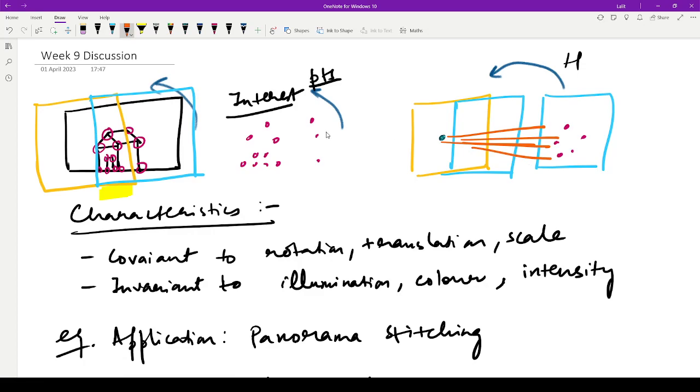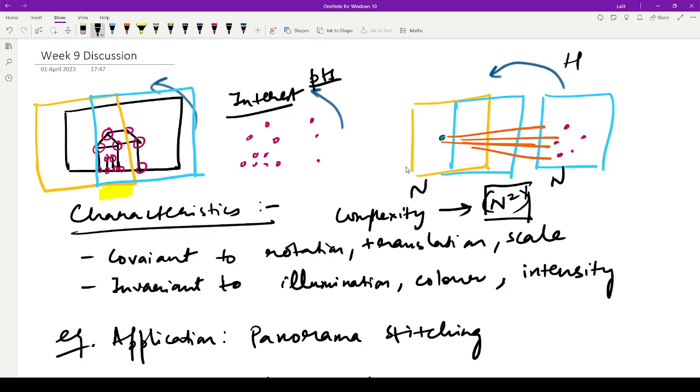Ideally speaking, that is n square. So for n points in the left image and n points in the right image, the complexity of matching is n square, which you still have to do.